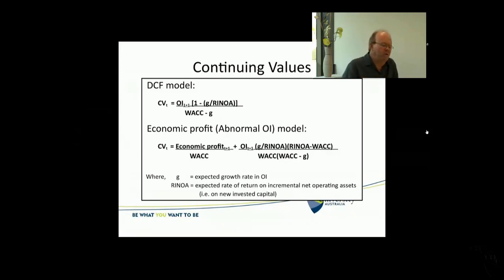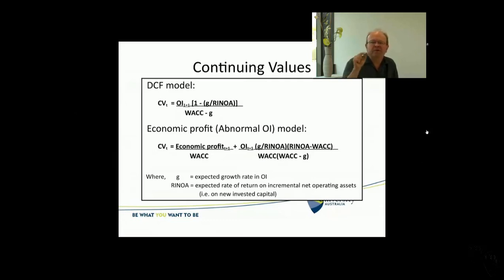And RINOA, as opposed to return on net operating assets, RNOA, RINOA is the return on incremental net operating assets. In other words, on new invested capital after our forecasting period.